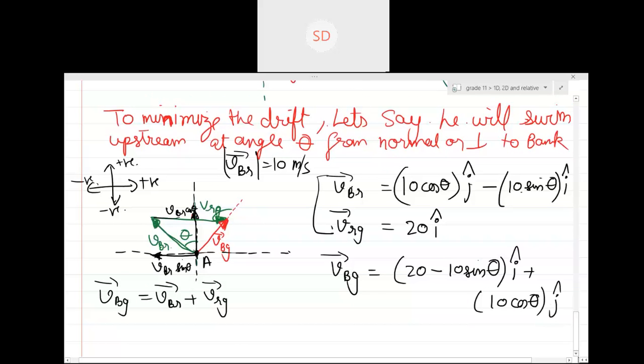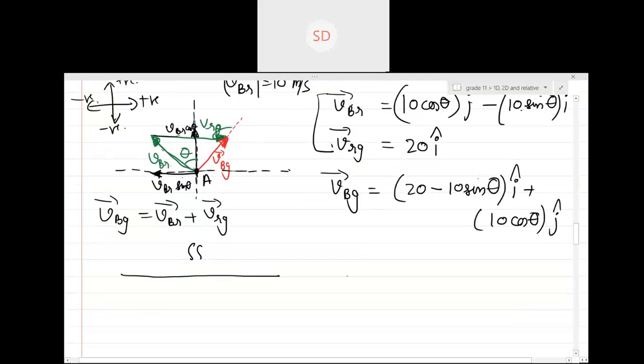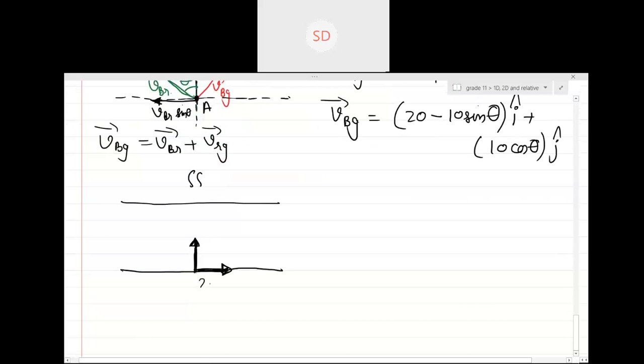So matlab finally this whole velocity triangle which you have drawn becomes something like this. This is your river and there is just one velocity whose x component and y component are like this. So can you see this thing? This will be your 20 minus 10 sin theta because it was along the direction, and this will be your 10 cos theta.